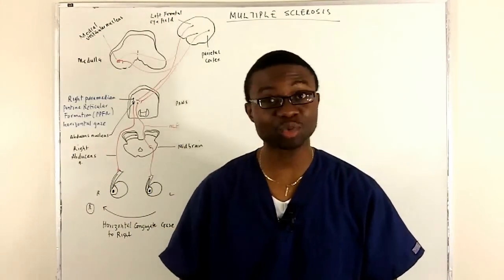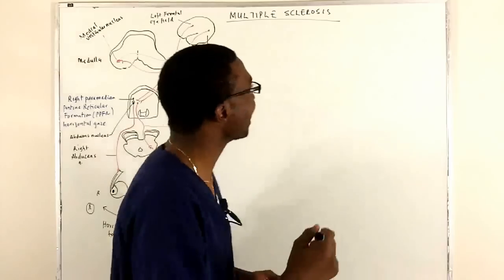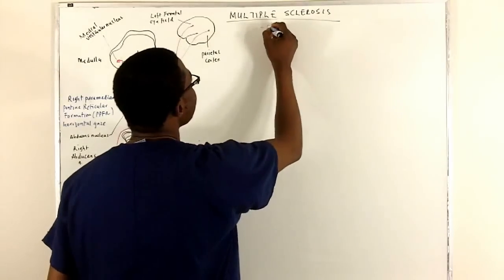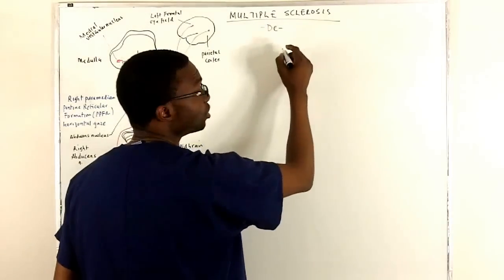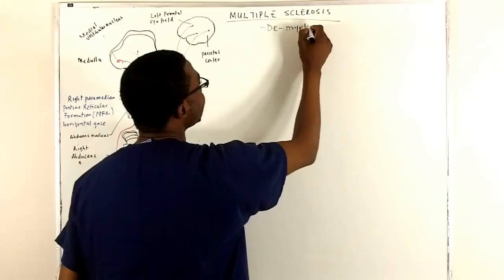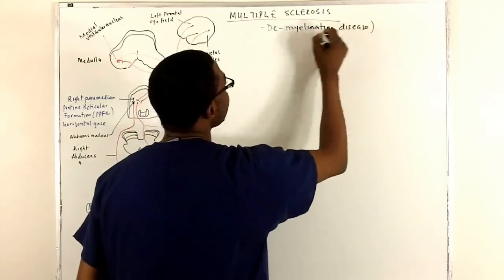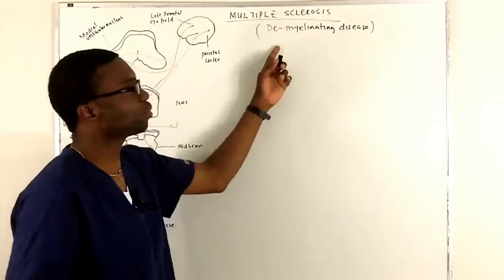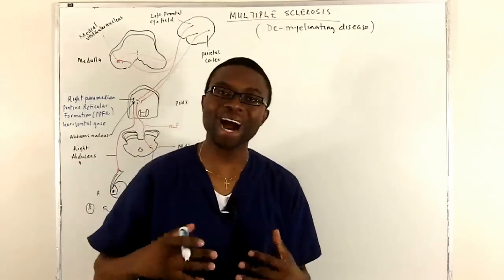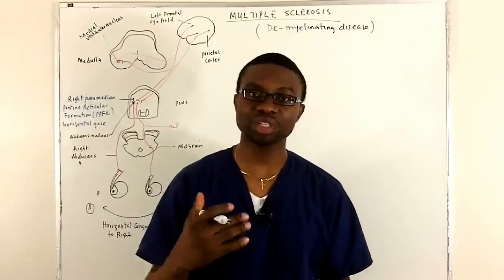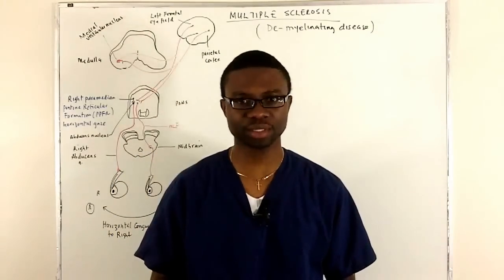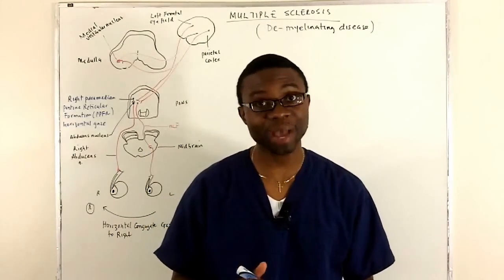But in this case, since we are talking about demyelinating disease, D meaning removing myelinating disease, in this case, what we are doing is removing the myelin sheath that surrounds the neurons in the central nervous system. That's pretty bad, don't you think?